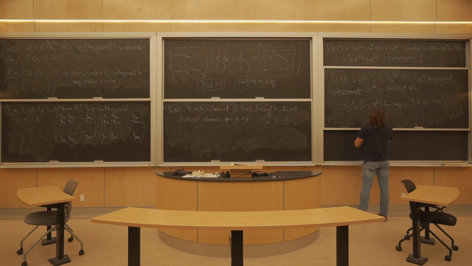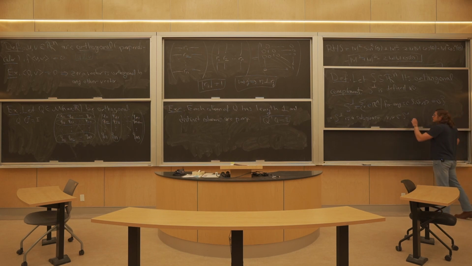So let's verify. If I have two vectors V and W in S perp, then if I were to look at V plus W, I want this to be perpendicular to S as well.